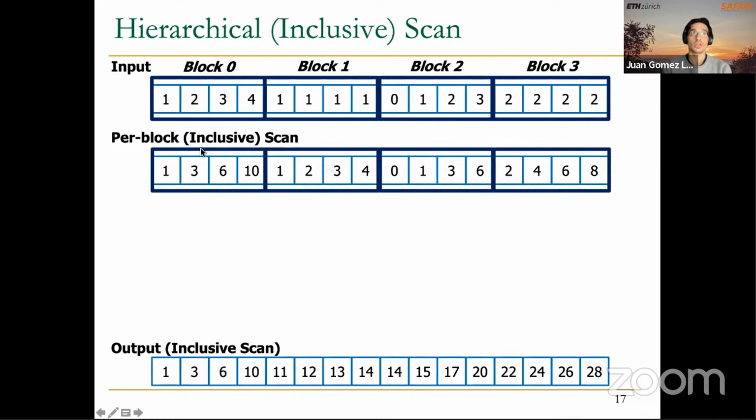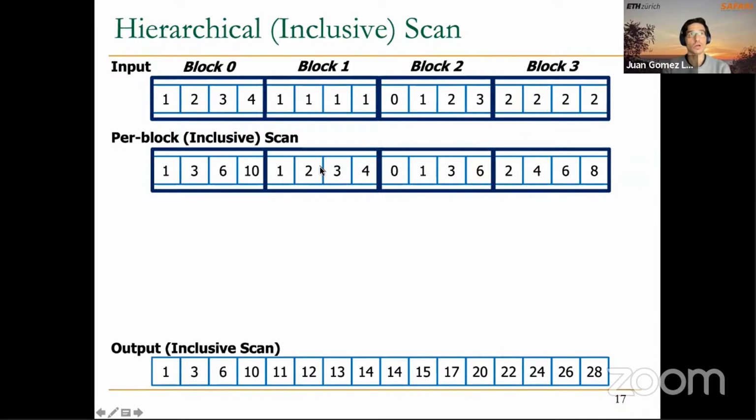So for example, this is an inclusive scan, and in this array of partial results, what we see is that these 4 elements are obtained by applying the inclusive scan on these 4 elements here. And if we check the elements that block 1 will calculate, here we have applied the inclusive scan on these 4 ones, as you see.